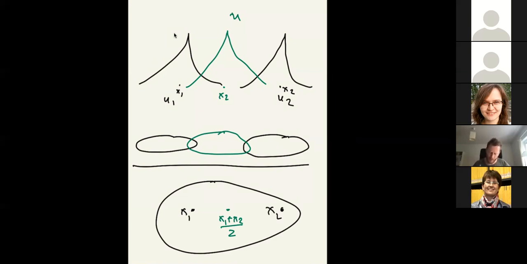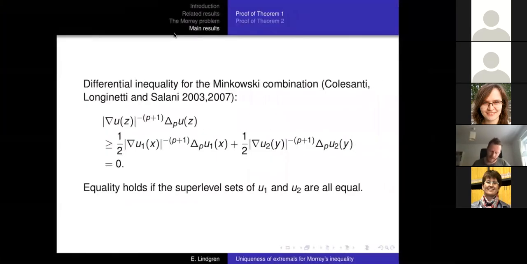But there's one more point to this Minkowski equation, which is crucial. There's a series of nice papers by some Italians, Colesanti, Longinetti, and Salani, in 2003, 2007. There are also other related papers, where in fact they prove a differential inequality for this Minkowski sum.